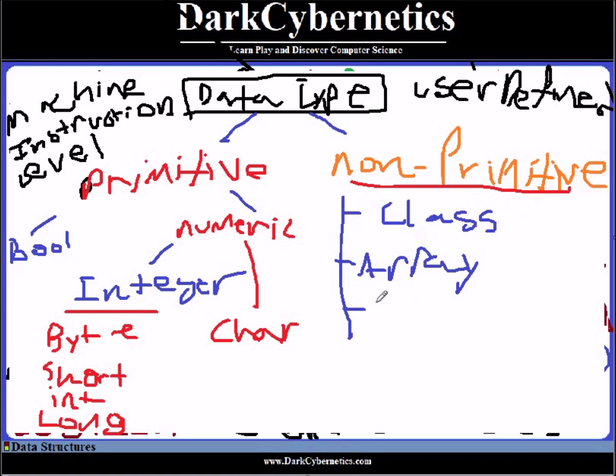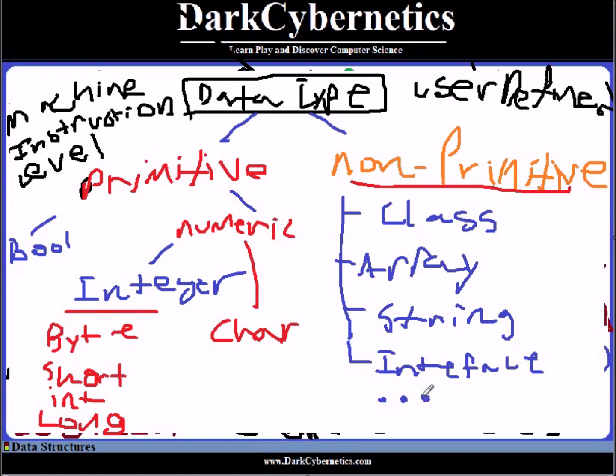And we can also have strings. That may not be prevalent in some languages, but we know we can have it here in C++. And we can have an interface, and interfaces may be supported by this language. There are other extensions of this that we can have based on language. They could be tuples and classes and functions, and these are pretty much the user-defined part of the language.